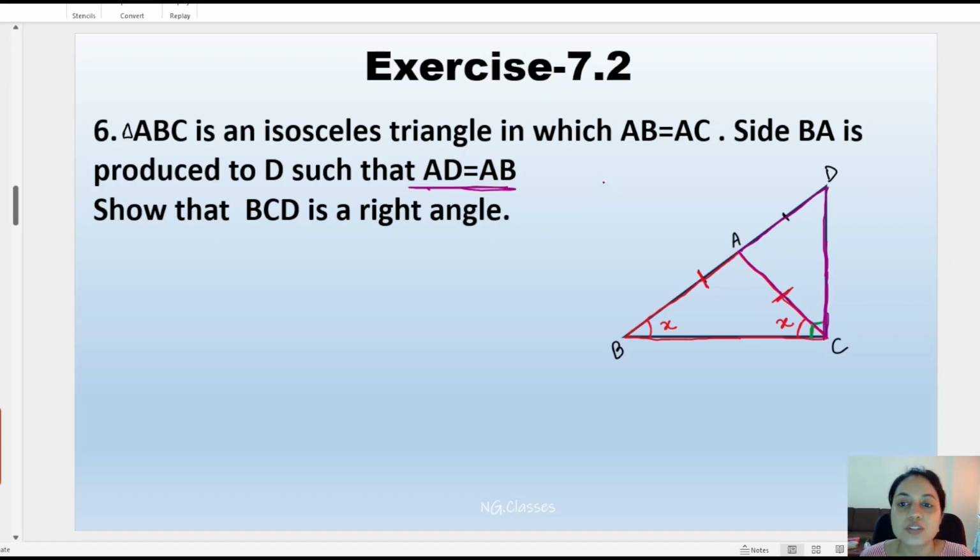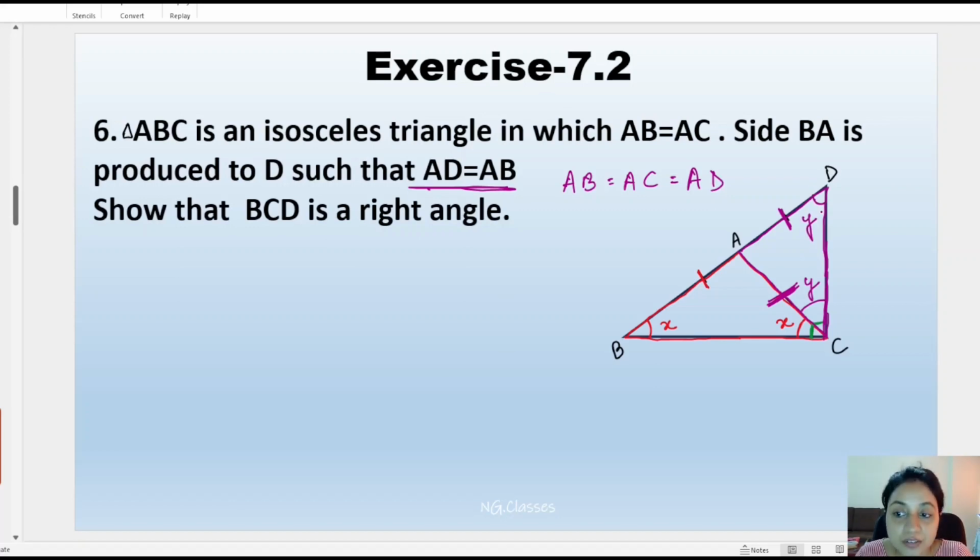So from the question we are getting AB, AC, AD all are of the same length. So this side is equal to this side. Hence, we can say this angle, let's say it's angle Y, will be equal to angle D. That means here also we will have Y. Okay.